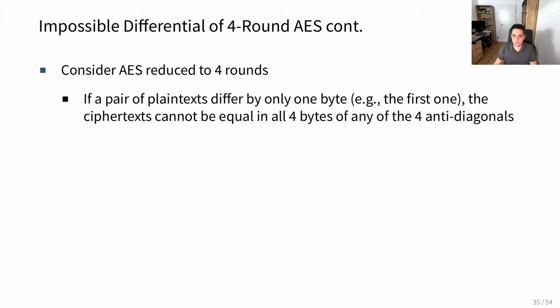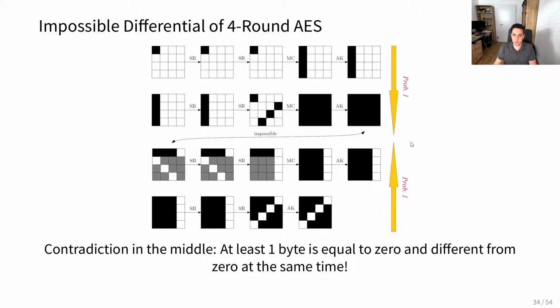Yeah. So this is essentially the same as before. Again, in text, if we have a pair of plaintexts which differs in only one byte at the beginning, then it cannot be equal in all the 4 bytes of any of the 4 anti-diagonals. So this is the impossibility result here.